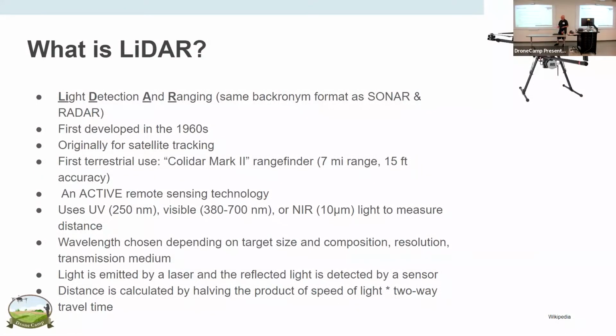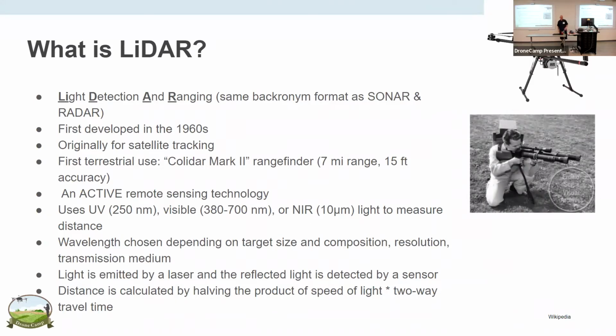It was first developed in the 60s for satellite tracking, but the first on-land use was this wicked looking thing, the Co-LiDAR Mark II rangefinder, which was used for artillery ranging. It was a military application, of course. A lot of the technology we use, GPS and other stuff, starts out as some kind of war-related thing, and then ends up having a much better peacetime use.